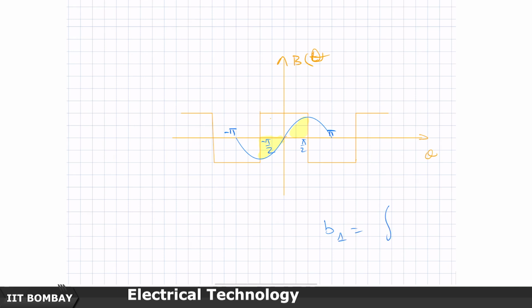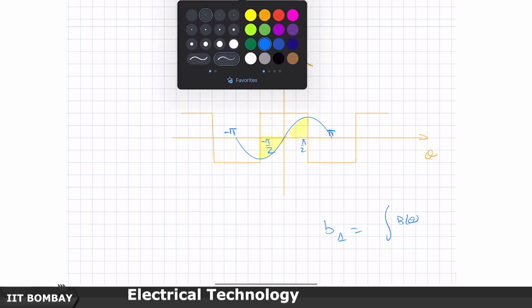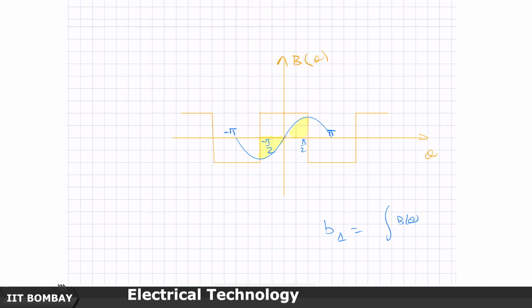I am going to do the calculation of this B of theta into sine of theta d theta from minus pi to plus pi, and the time period here is 1 by 2 pi. So, I am going to do this from 1 by 2 pi to this.